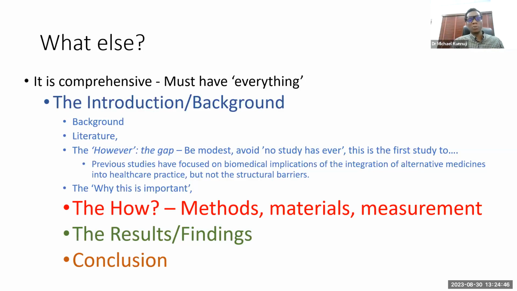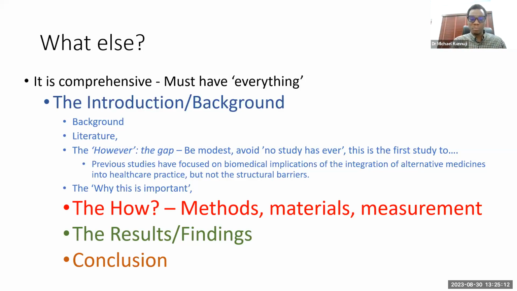But in doing this, you also need to be modest. You should avoid making very categorical statements that suggest that your study is one study that is going to solve all the problems. No study is going to do that. And you should also avoid statements that start with, this is the first study; you never can tell.